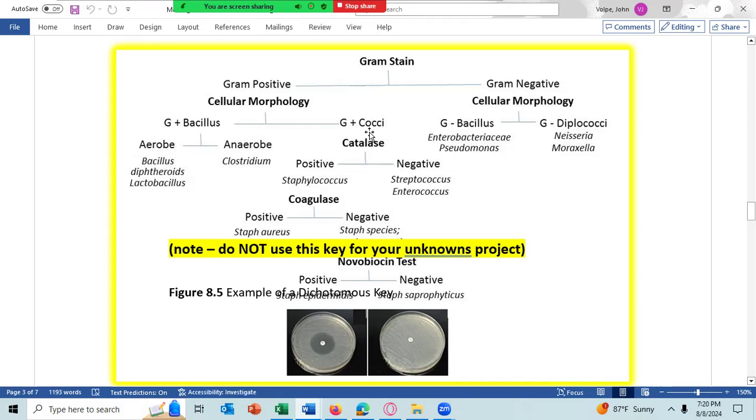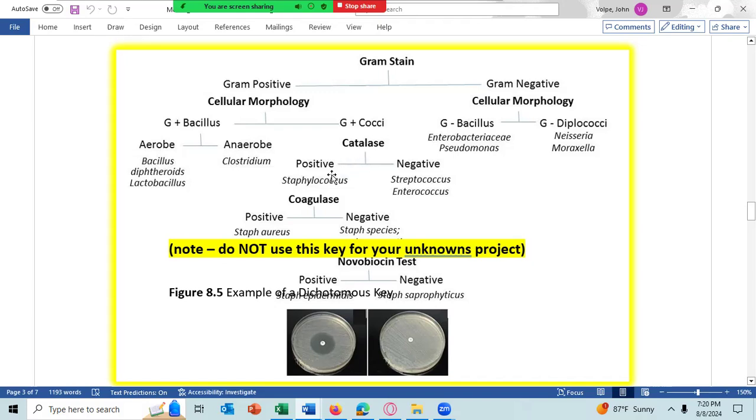So another test you can do is the catalase test on all gram-positive cocci. If it's catalase positive, then it belongs to the family Staphylococcus. If it's catalase negative, then it belongs to either the family Streptococcus or the family Enterococcus. Now we're going to say it's catalase positive, so we're going to scratch this one and then move on.